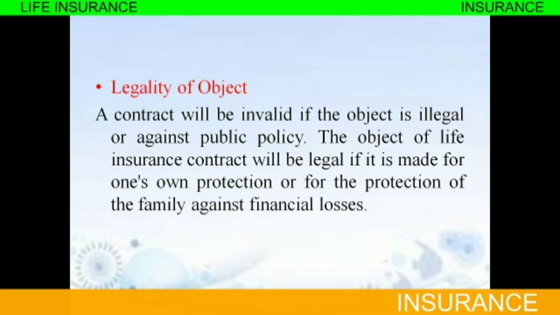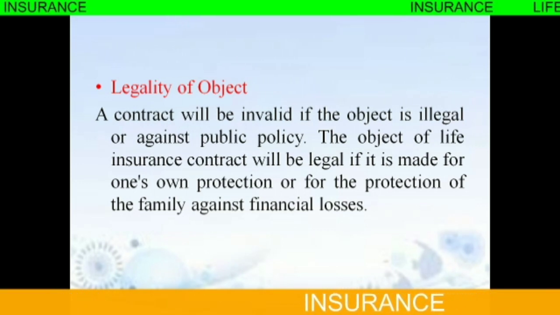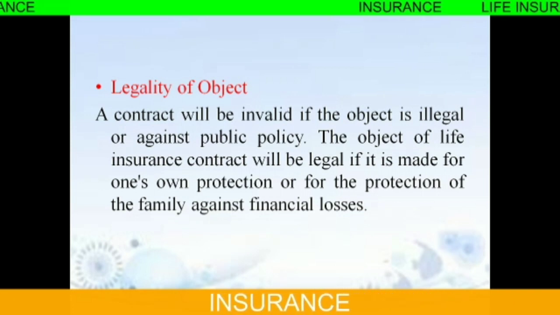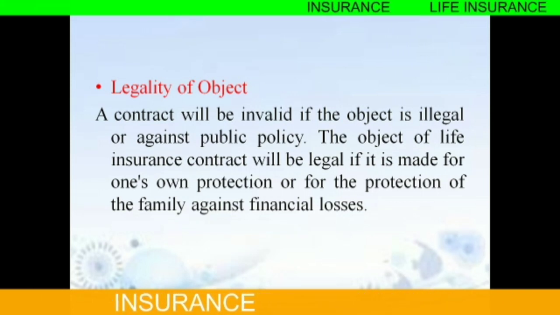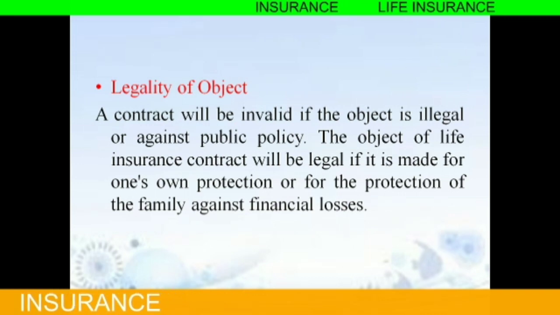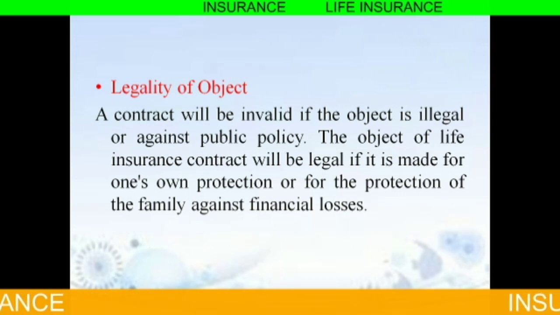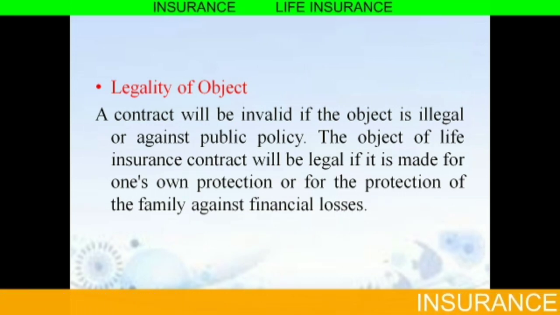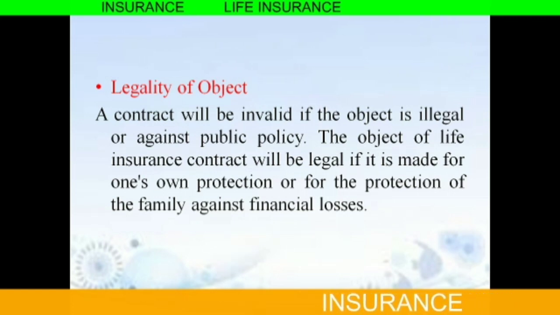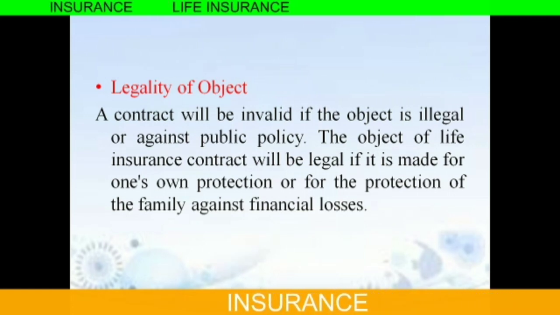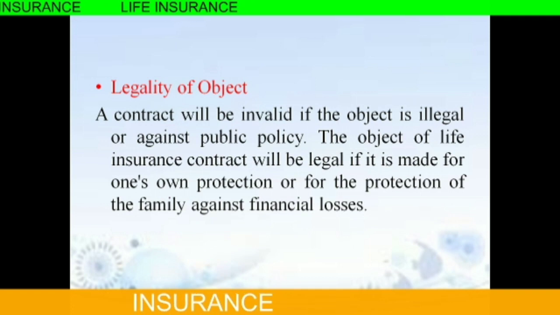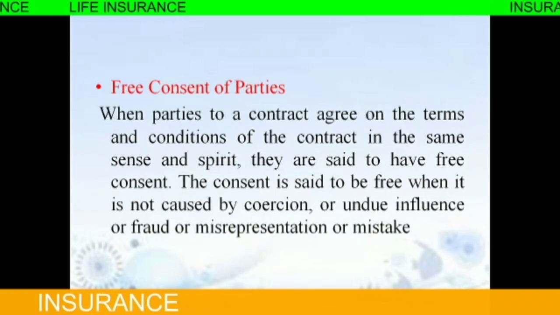The object of a life insurance contract will be legal if it is made for one's own protection or for the protection of the family against the financial loss due to the death of that particular person. So the legality of the contract is important.